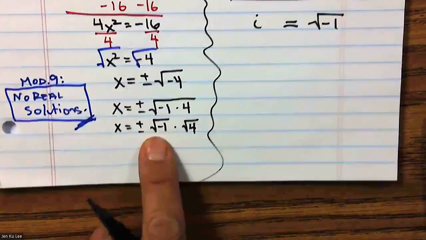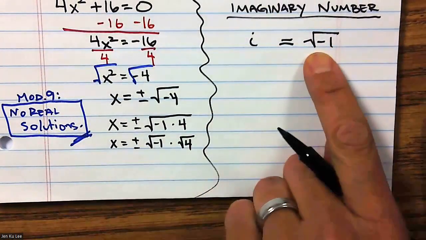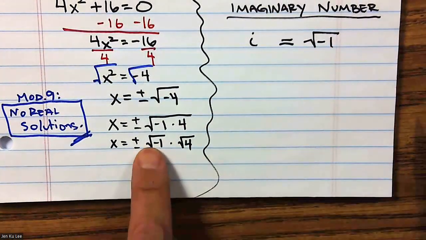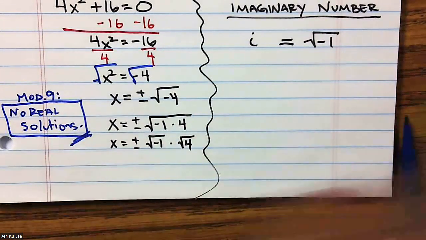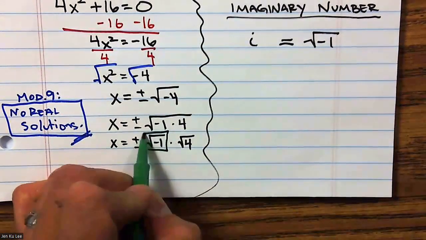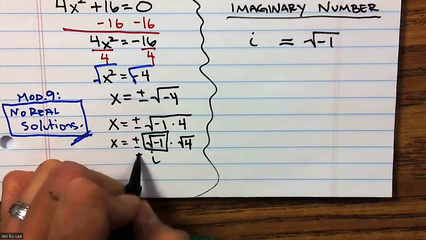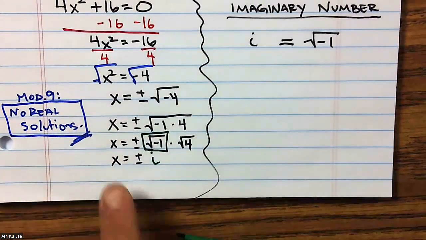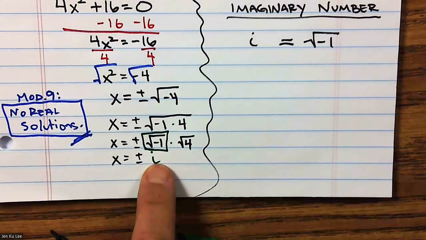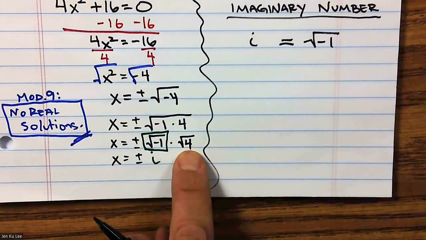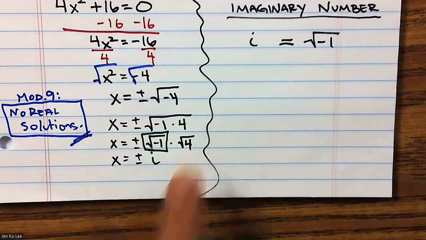So we just learned that i equals square root of -1. So I can turn this square root of -1, this guy here, into i. So x equals plus or minus i times the square root of 4. What is square root of 4? 2.